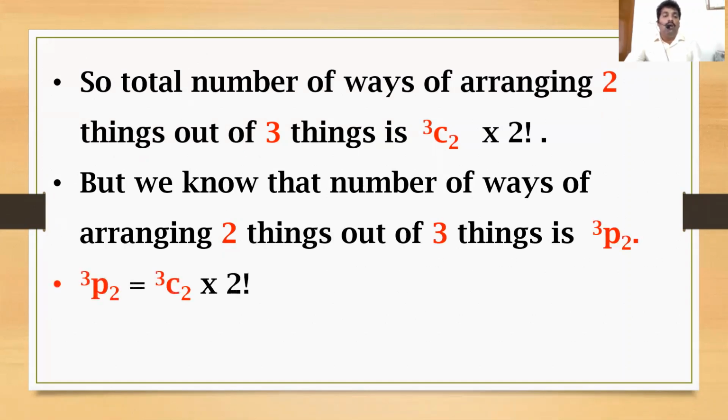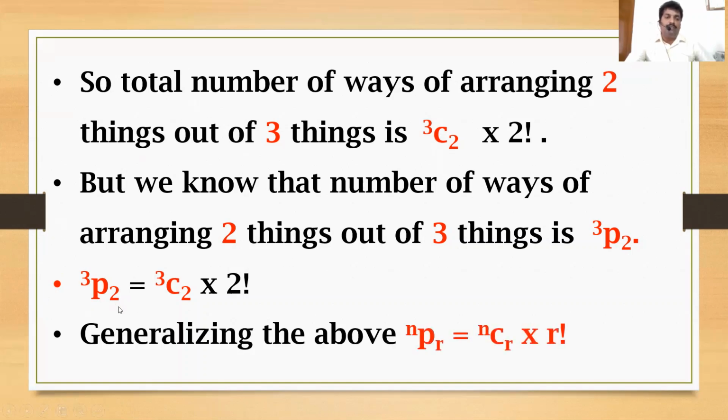Now in general, instead of 3P2, out of n given different things, taking r things and arranging them, nPr is equal to nCr into r factorial. Here r factorial is in the place of 2 factorial, and nPr in the place of 3P2.